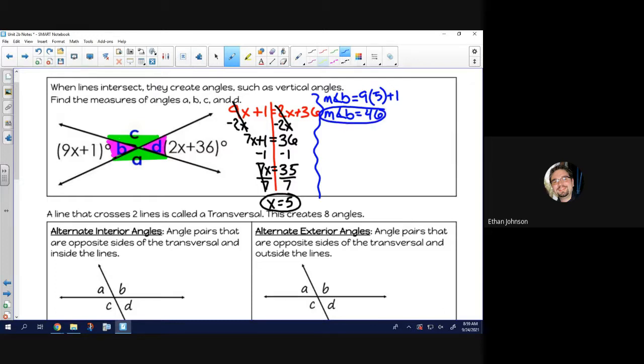So I know the measure of angle B is 46. We can also work smarter, not harder, because we set angle B congruent or equal to angle D. I know the value of the measure of angle D as well. Measure of angle D has to be 46 as well.